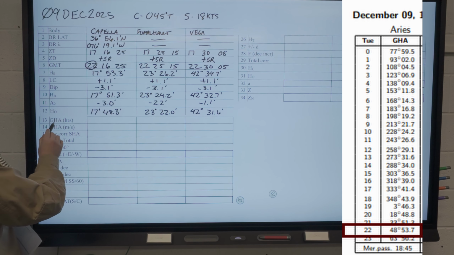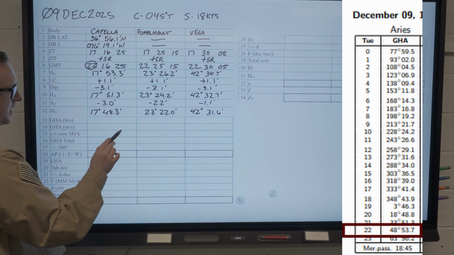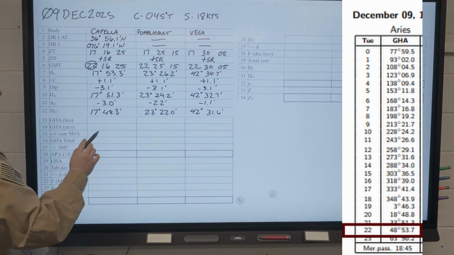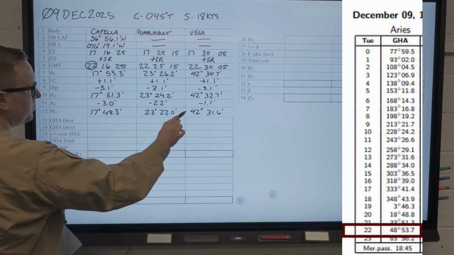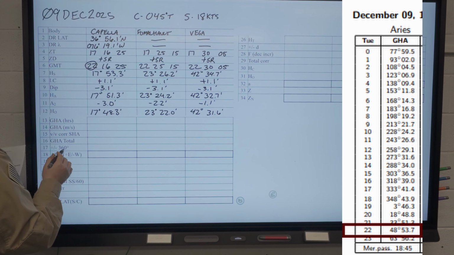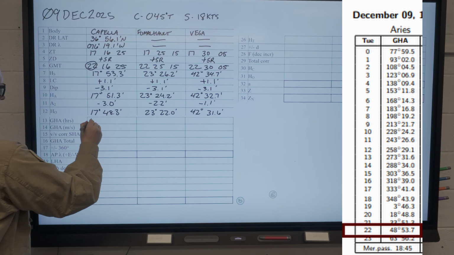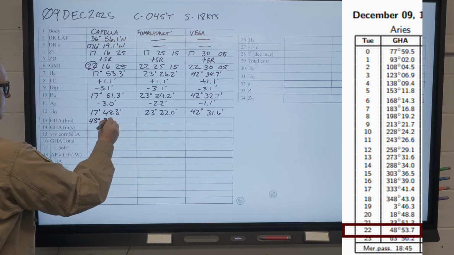All right? The GHA of Aries, make sure you're using Aries, not the sun or the moon or the planets. The GHA in hours would be the same for each one because we have 22 hours on each star. For this case, it was 48 degrees, 53.7.